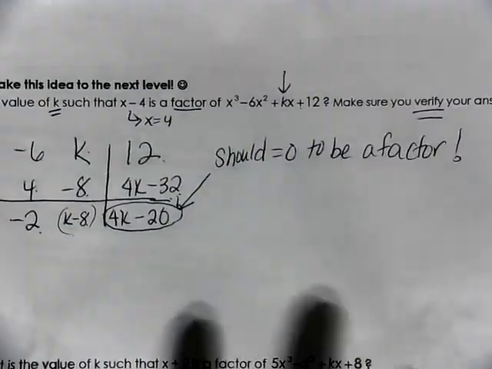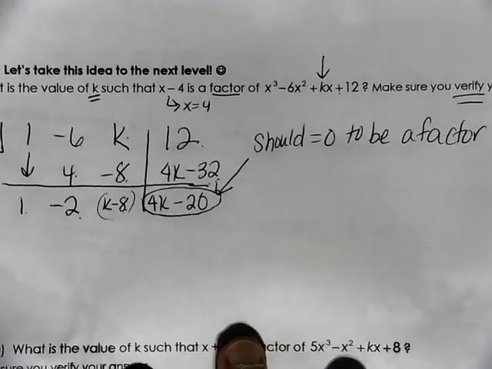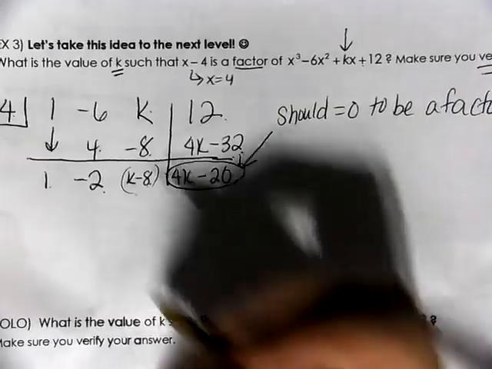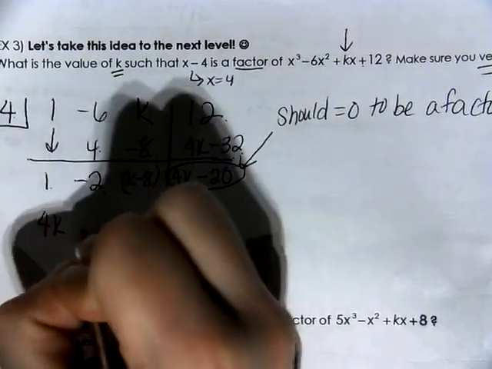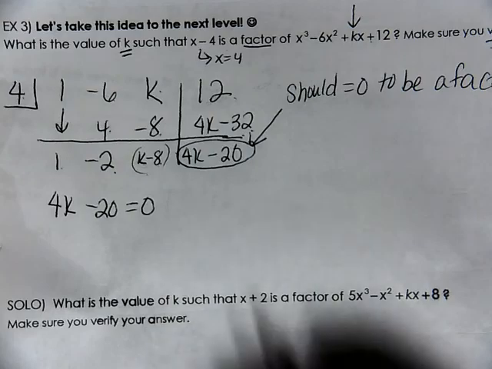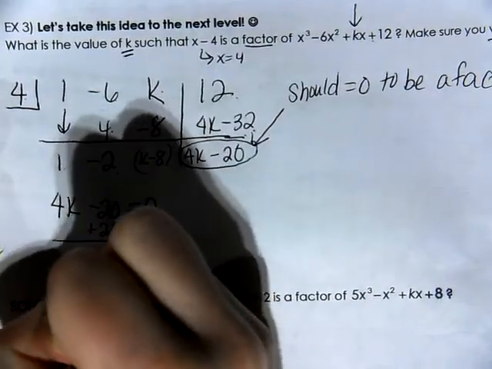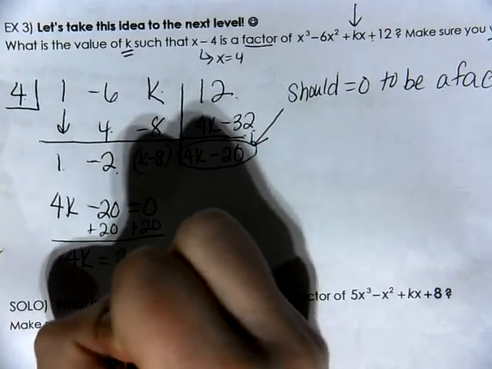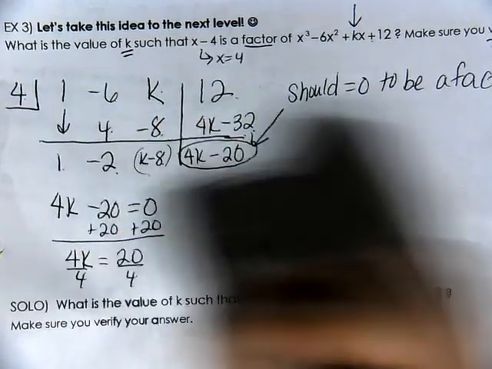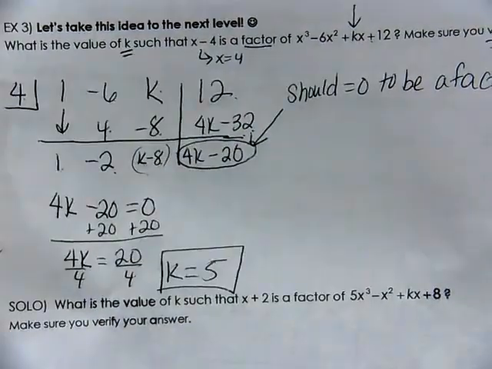So it should equal 0 to be a factor. So in order for us to find k, we're going to set 4k minus 20 equal to 0, and we're going to solve for k. I'm going to add 20 to both sides, and we end up with 4k is equal to 20. Dividing both sides by 4, we find that k is equal to 5.